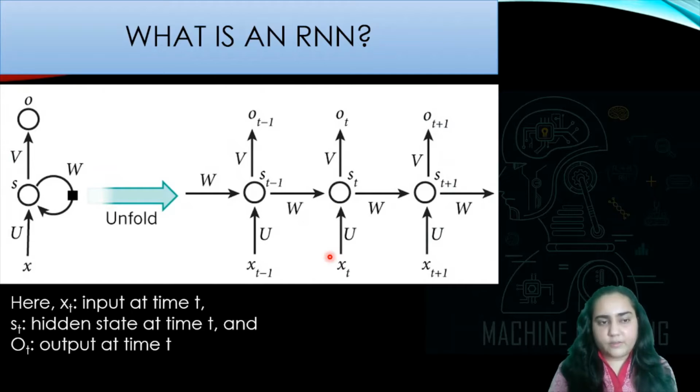So here we have a small diagram showing the architecture of an RNN. You can see this is the network, and here you have XT. Wherever you can see XT, all these are inputs at time t. ST stands for the hidden state at time t, which is right here. And OT stands for the output at time t.